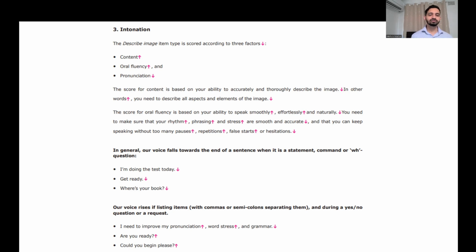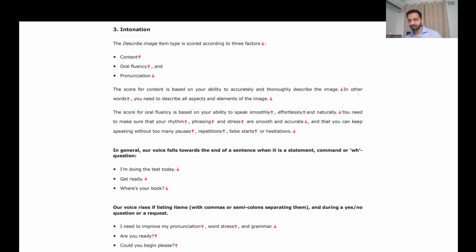The score for oral fluency is based on your ability to speak smoothly, effortlessly, and naturally. You need to make sure that your rhythm, phrasing, and stress are smooth and accurate, and that you can keep speaking without too many pauses, repetitions, false starts, or hesitations.